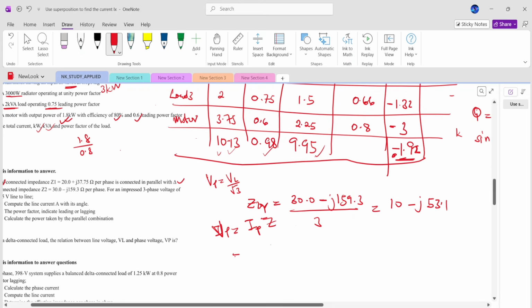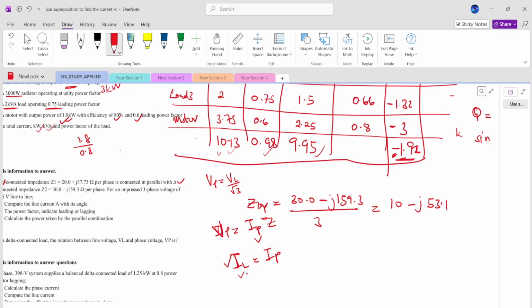We also know that I line is equal to I phase. The question is asking for the line current, so if we find I per phase, we can find the I line.